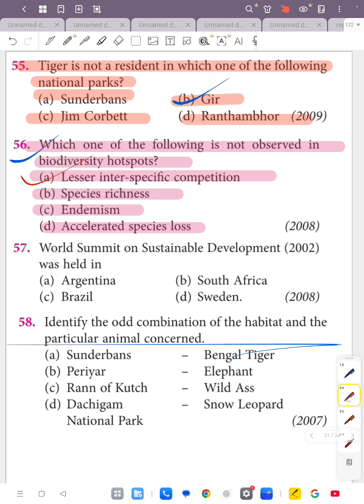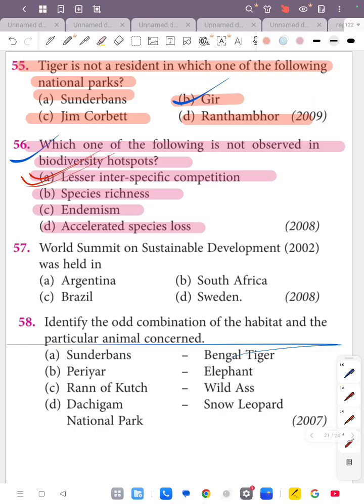Now when we say biodiversity hotspots have species richness, due to the high number of species found in these hotspots, there's going to be intense competition for the resources. Are you trying to understand what I'm saying? There'll be high interspecific competition, so interspecific competition will be even more. Okay, that makes option number A a correct answer.